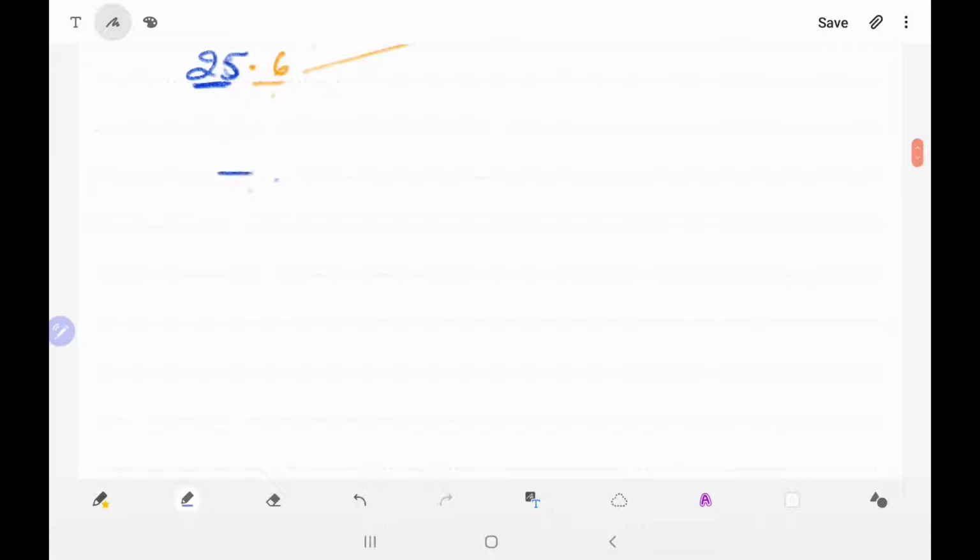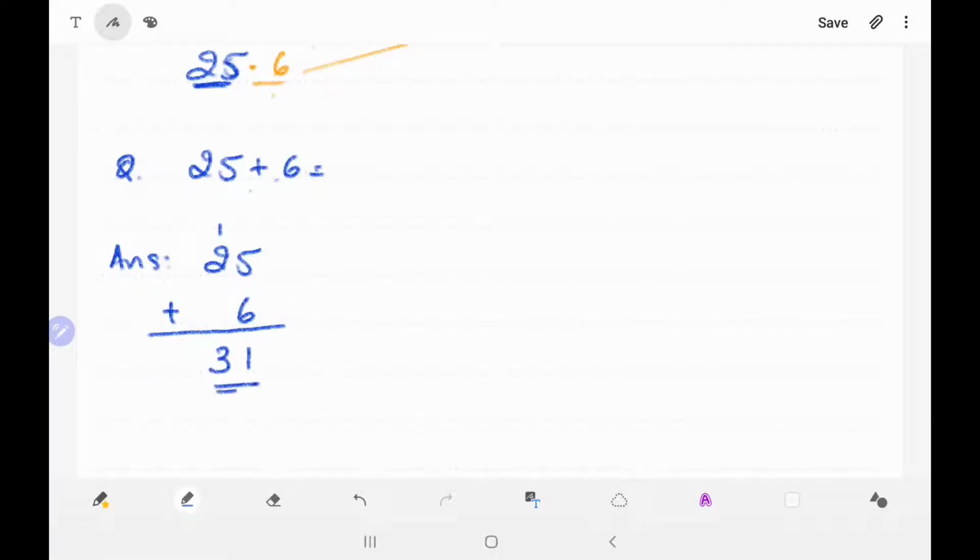For example, if I want to add 25 plus 6, we could use column addition: 5 plus 6 is 11, carry 1, plus 2 is 3, so the answer would be 31. So that's fine.